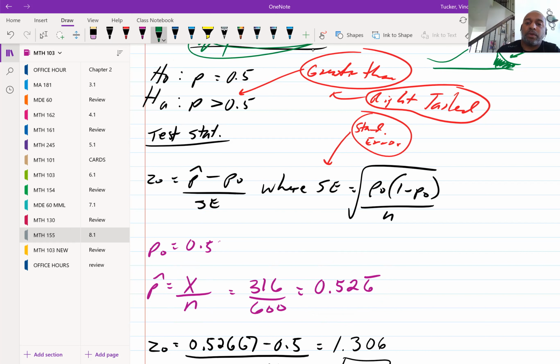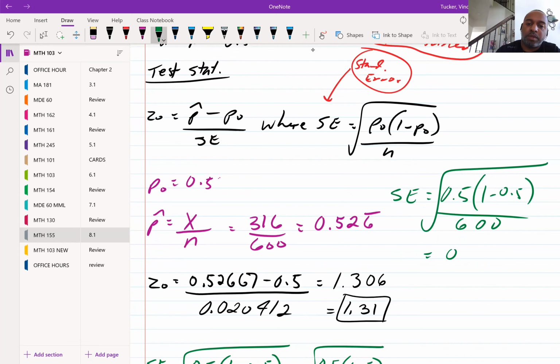All right. So to find what's going to be on the bottom of your Z naught or your test statistic, SE is 0.5 times 1 minus 0.5, all over 600.